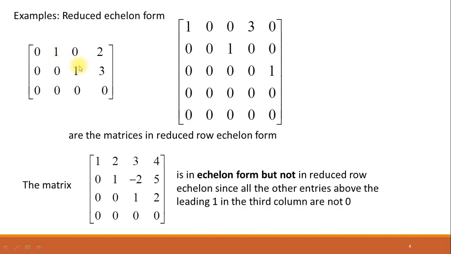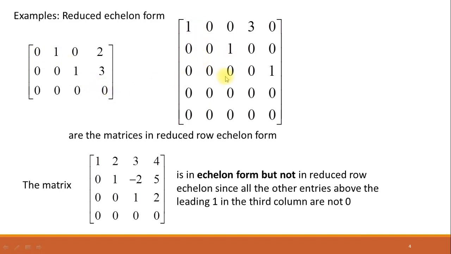Similarly, in this row this is the non-zero entry, and all other entries in this column are 0. Similarly, in this column this is the non-zero entry, and the others are 0. So this matrix is in reduced row echelon form.